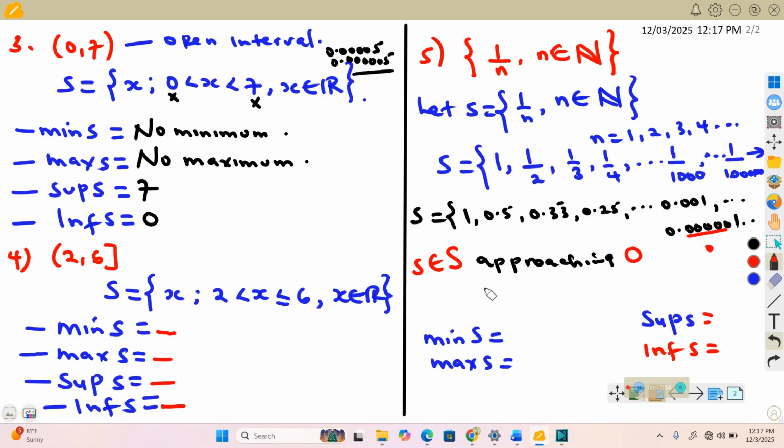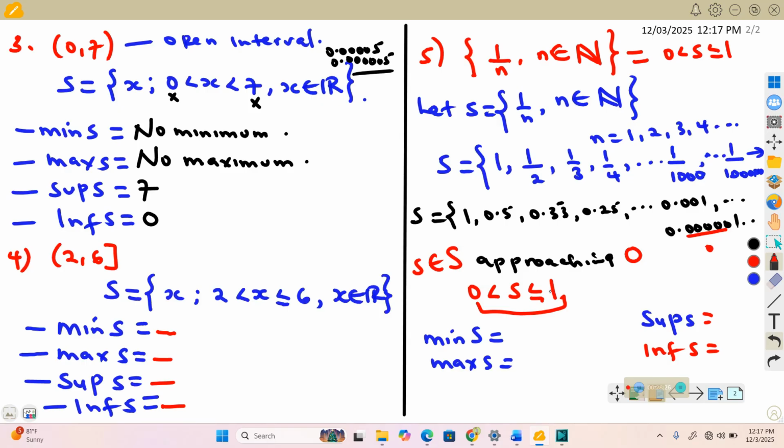If S is picked from the set, it should be from 0 less than S less than or equal to 1. So 1 is part of this set. This set can also be written as 0 less than S less than or equal to 1, because 0 is not part of the set, but 1 is part of the set.